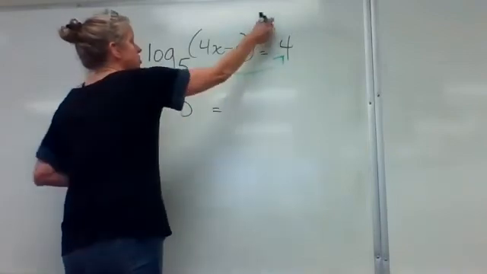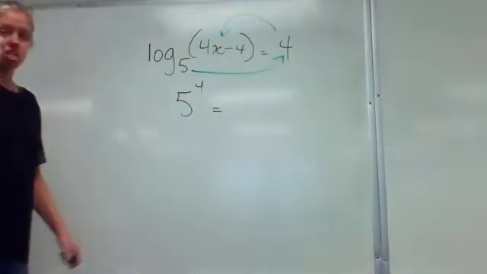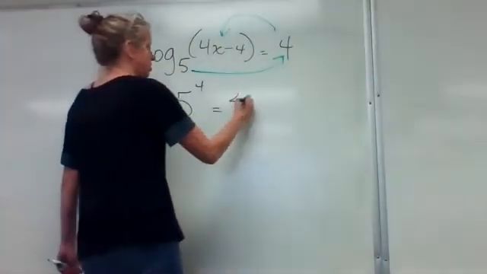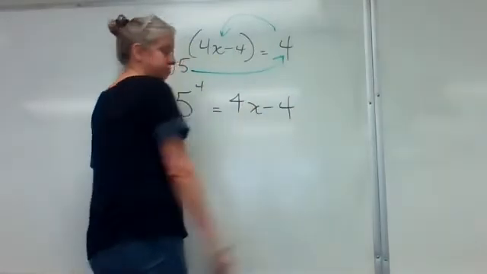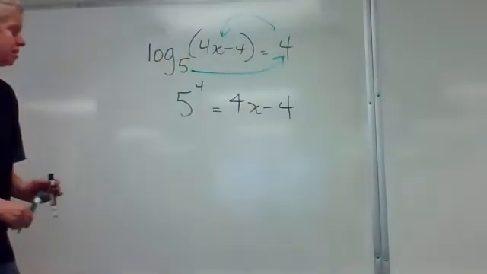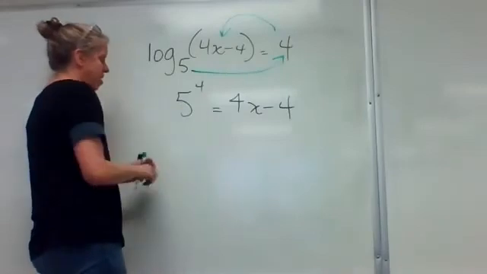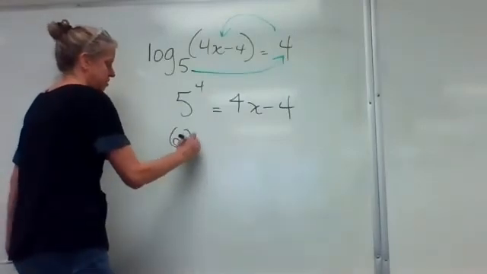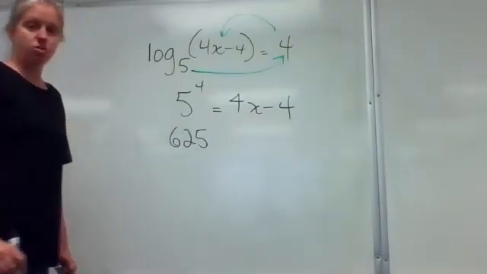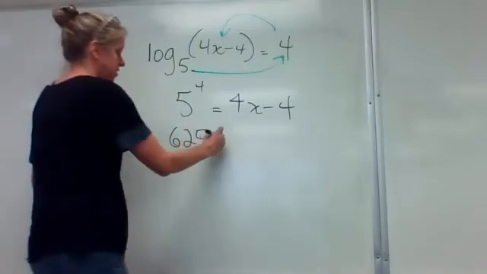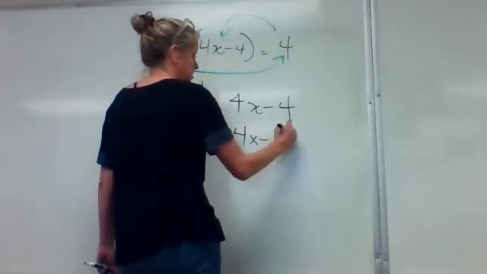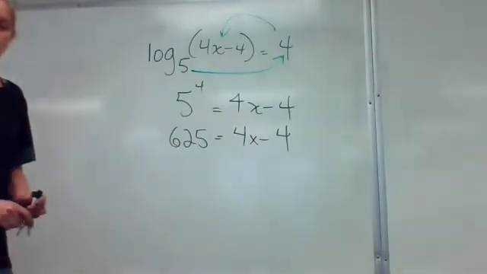It's going to be equal to what's in this position, which is 4x minus 4. 5 to the 4th power gives me 625 equals 4x minus 4.